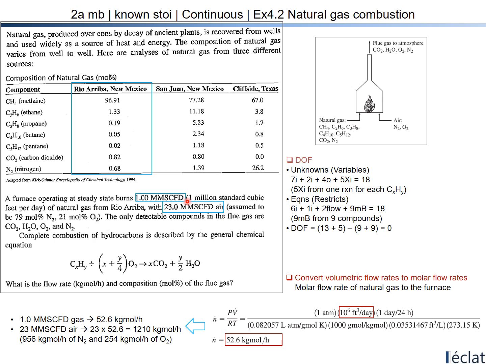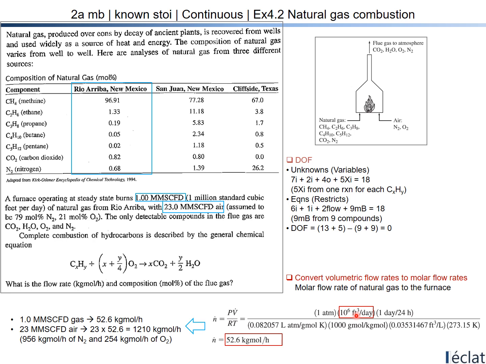In that case, mole is the best unit for the flow rate or other quantities inside the system. So, for example, for the natural gas we have 10 to the 6 cubic feet per day, because SCFD is million standard cubic feet per day. So I'd like to change this volumetric flow rate into the molar flow rate in kilogram mole per hour.